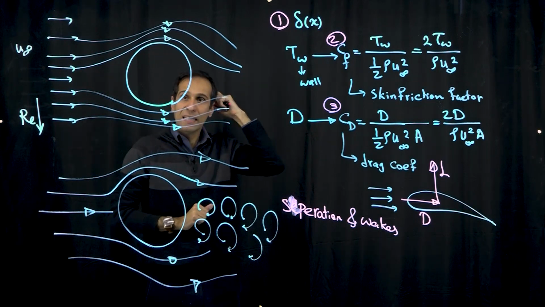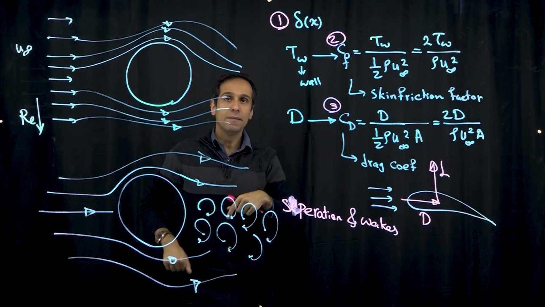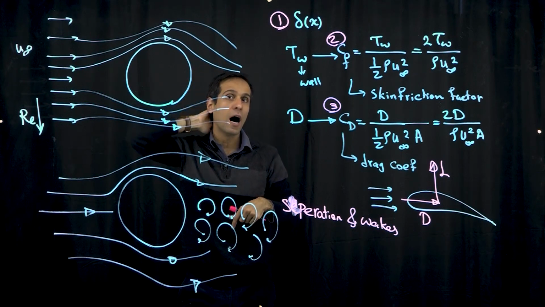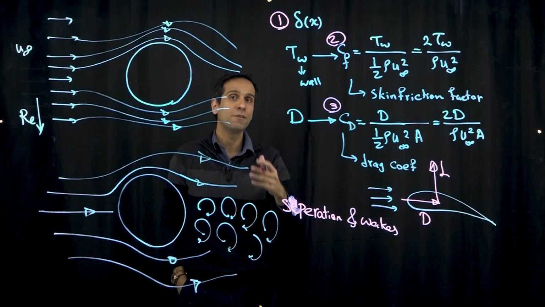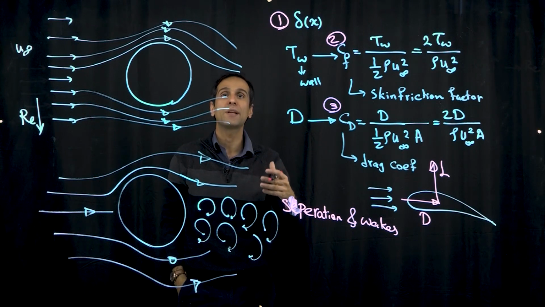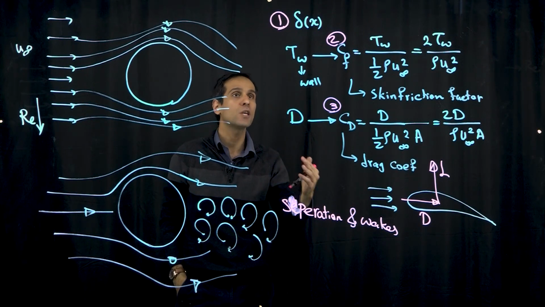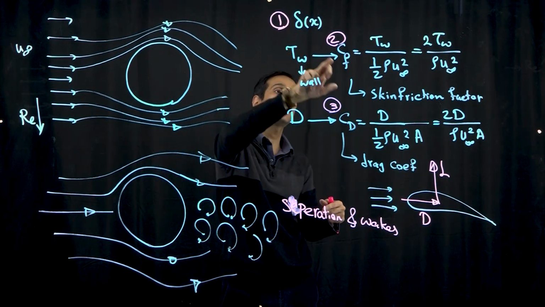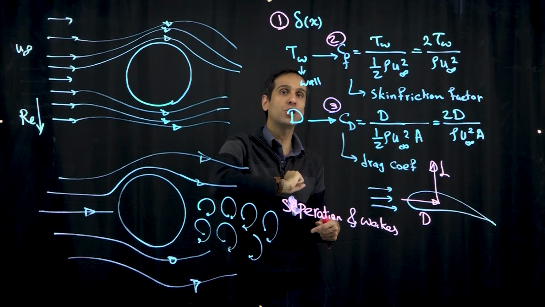So in the next slide, I will show you how we can simplify the original boundary layer equations and how those equations lead to some correlations for delta, CF, and CD. Okay, let's please continue with simplifying the boundary layer equations.